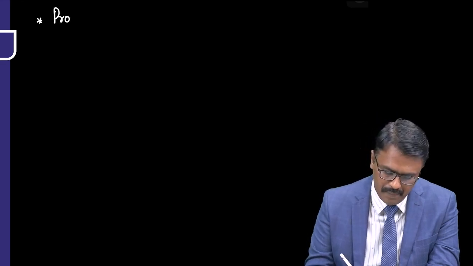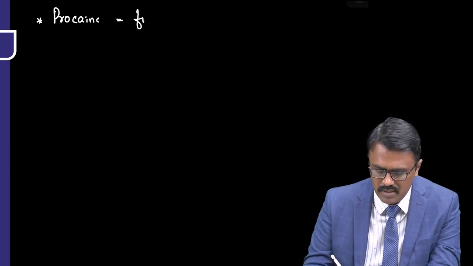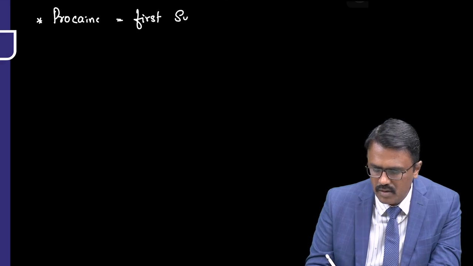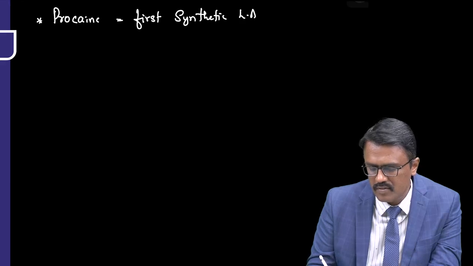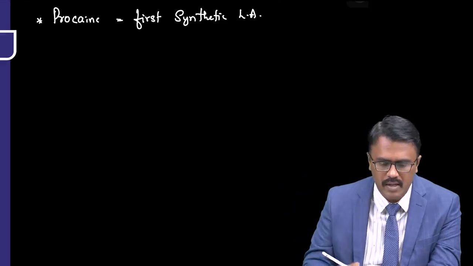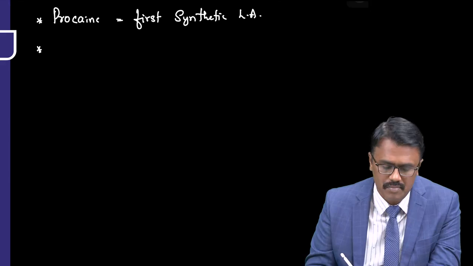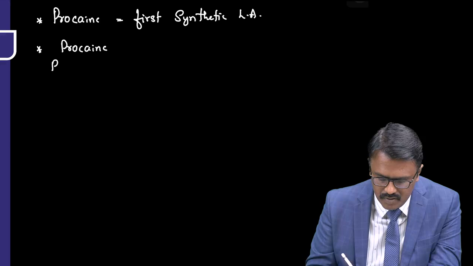Procaine came into the market. It is the first synthetic local anesthetic. Why is it called synthetic? Because we had a natural one, cocaine. Then we synthesized this in the lab, that is procaine. Then we have procaine and benzocaine. Sir, why are you writing that separately? I will tell you.